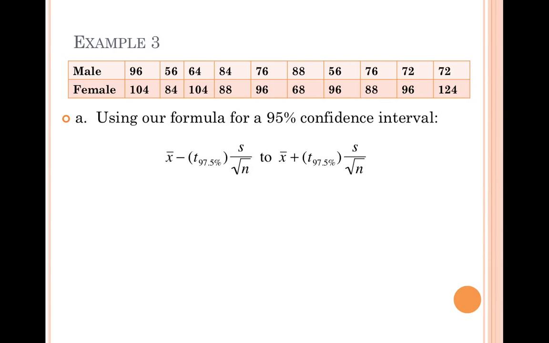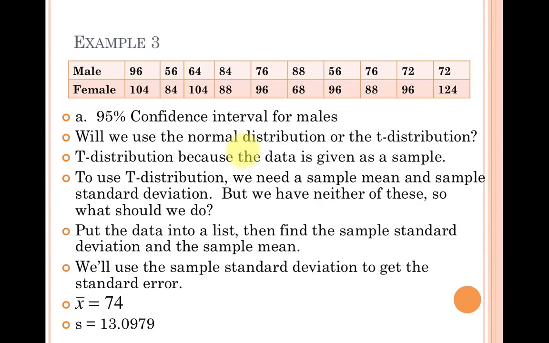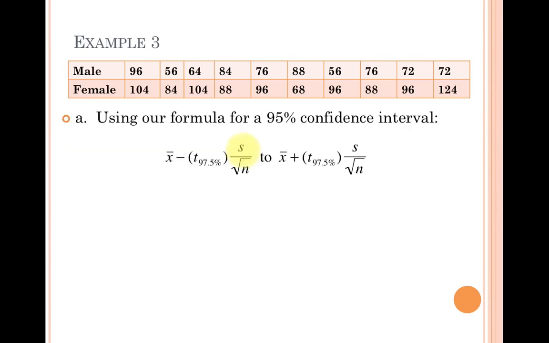The formula for a 95% confidence interval has a t-score of t 97.5%. Okay, so that t-score goes here and here. x-bar is the 74 that you got out of your calculator. S is the 13.0979. It's going to go in the numerator here.